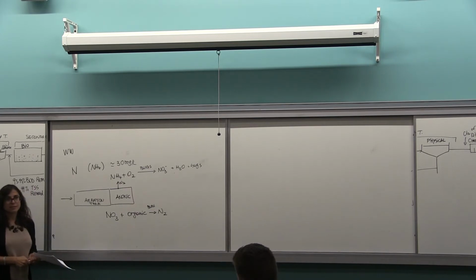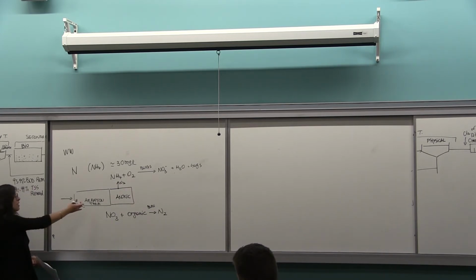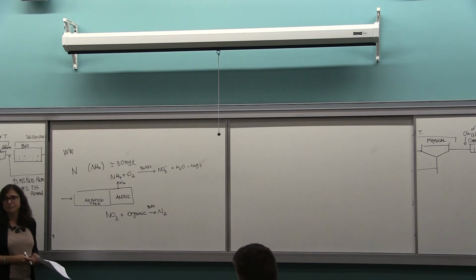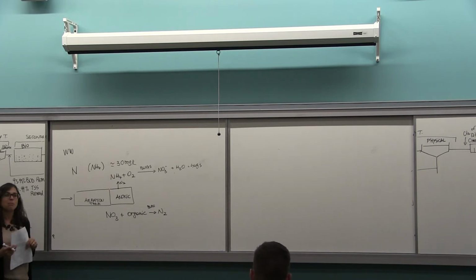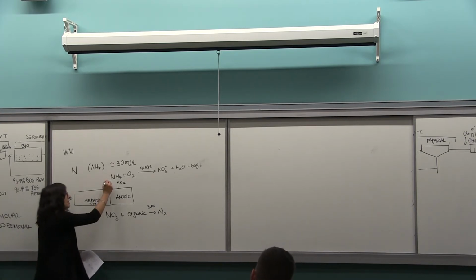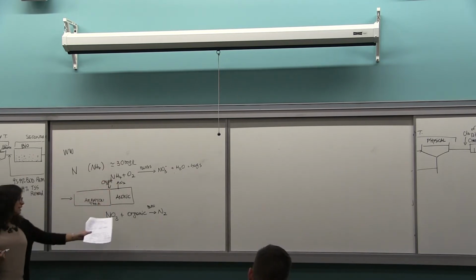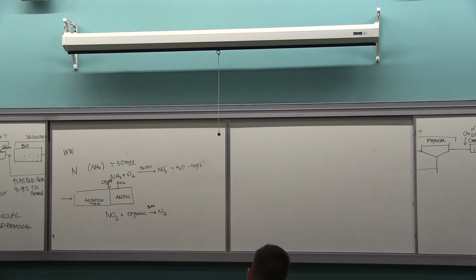The organic needs to be added because we have just added a bunch of air that has oxidized all of the organic that we originally had. So in this schematic, what do you see as the organic in that equation? That's methanol. Methanol is a chemical that is added to provide organic to reduce nitrate into nitrogen gas.